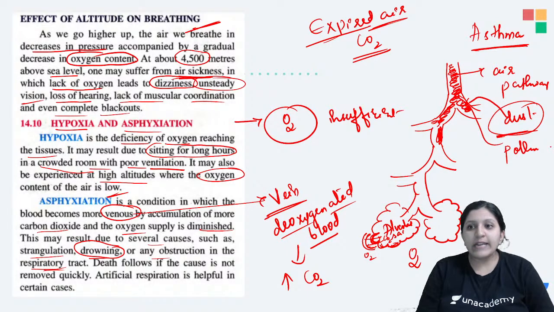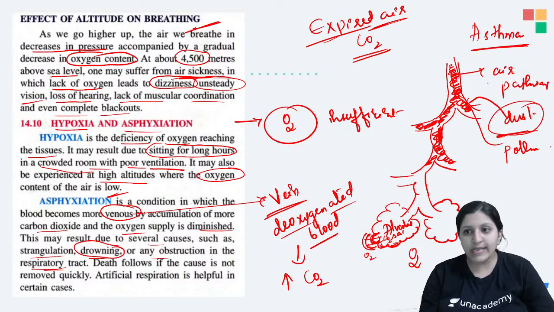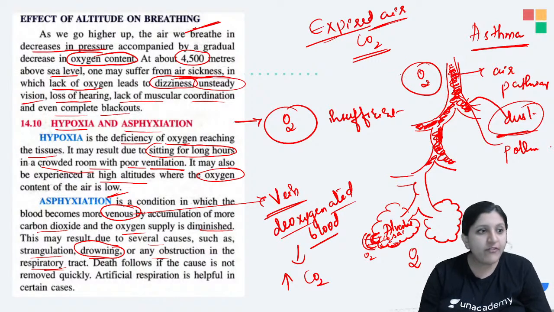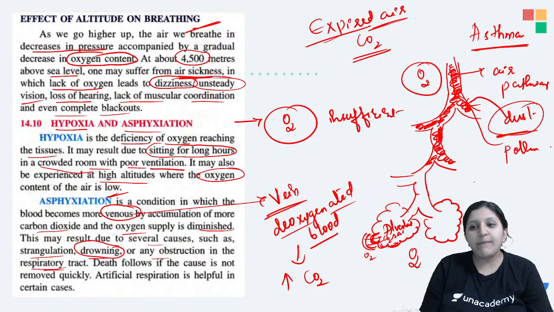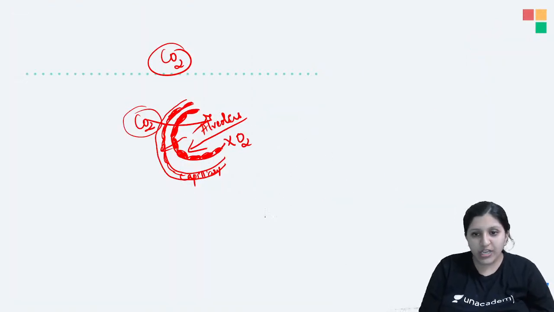When there is a lot of accumulation of this mucus, there is no proper passage for the air to be inspired or expired. So your body is not getting enough oxygen, and because of this, cellular respiration cannot occur.